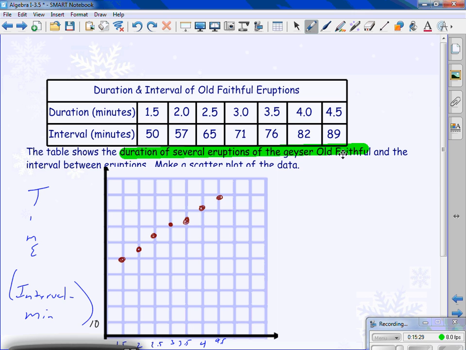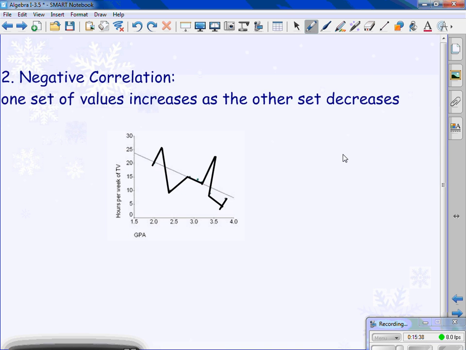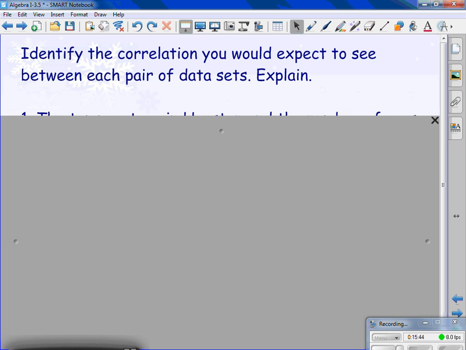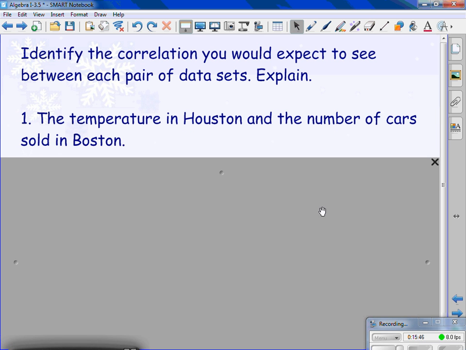Questions on scatter plots? All it is, it's graphing, and the plots are all scattered. That's why it's called a scatter plot. Now, you don't always have graphs to look at the correlation. Is there a relationship between the temperature in Houston and the number of cards sold in Boston? There's no relationship, right? No, it doesn't make sense that there's a relationship.